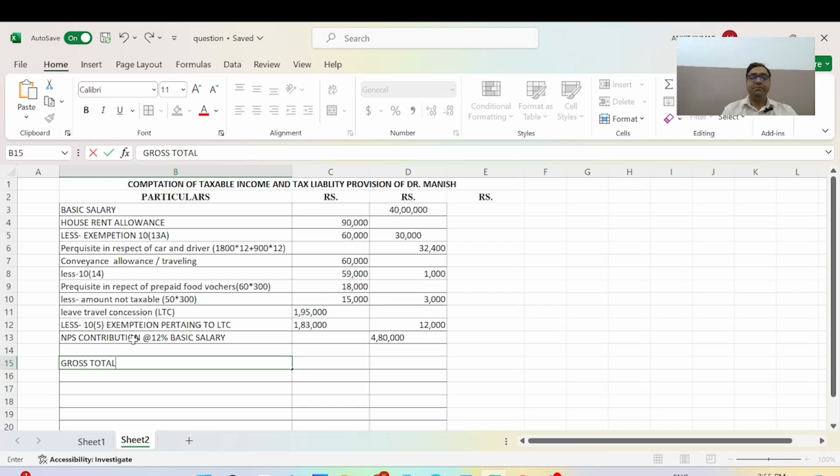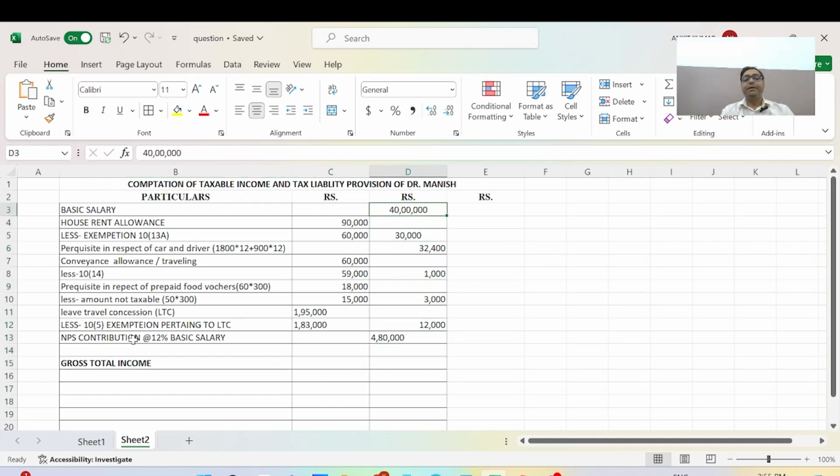Gross total income, which I have already discussed in the last lecture, is calculated by adding all figures: 40 lakh plus 30,000 plus 32,400, 1,000, 3,000, 1,200, 12,000 and 4 lakh 80,000.